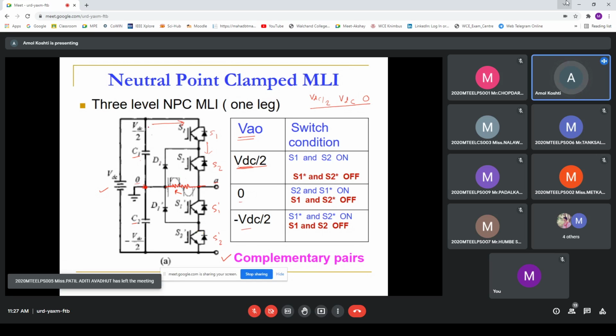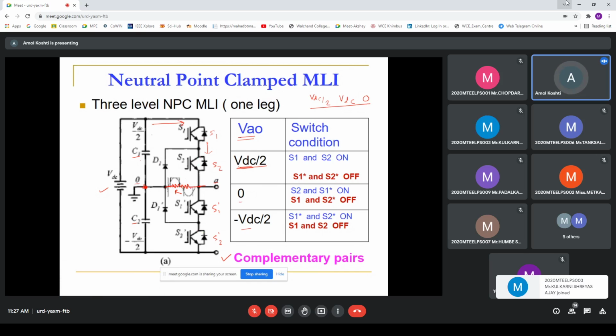So no capacitor voltage comes here. As we have assumed a resistive load, there is no energy storing. If there is a reactive load present here, then whatever energy is stored in that load will vanish through this and we will get a 0 voltage.